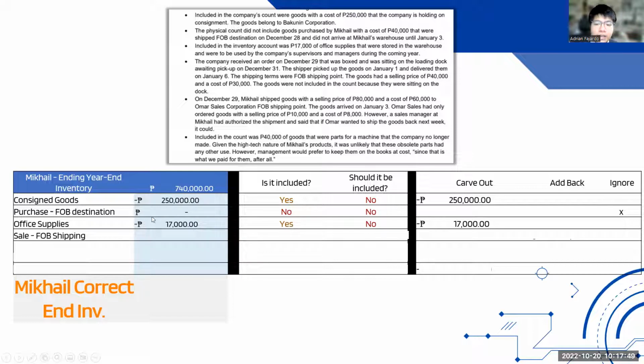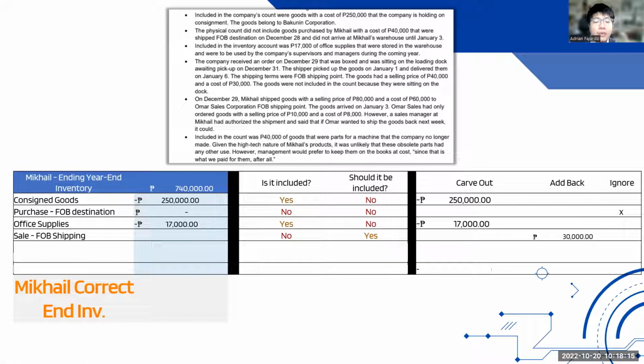And then again, nagkaroon tayo ng sale. So SSP, did they include it? No. Should it be included? Yes. Why? Because in this sale, the shipper picked up the goods on January 1. Therefore, our POV or our timeline is we're currently at December 31.